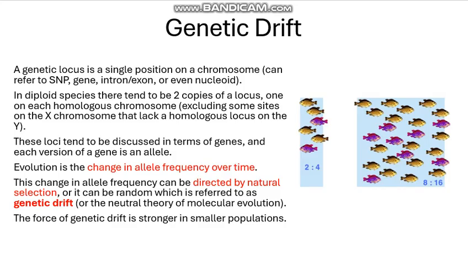Organisms with that adaptation are more likely to survive and reproduce, so they have more offspring in the next generation. Their offspring have their allele, so their allele increases in frequency in the next generation.